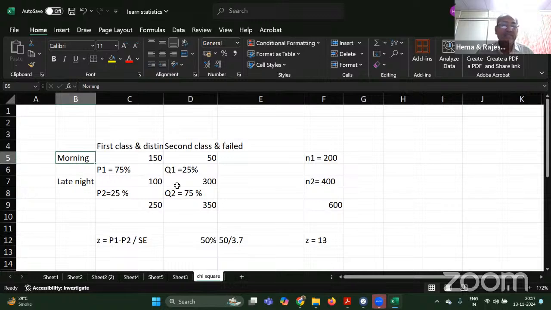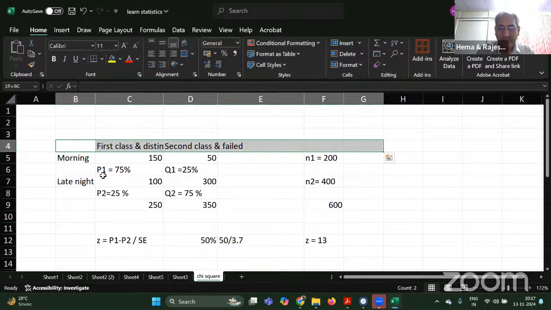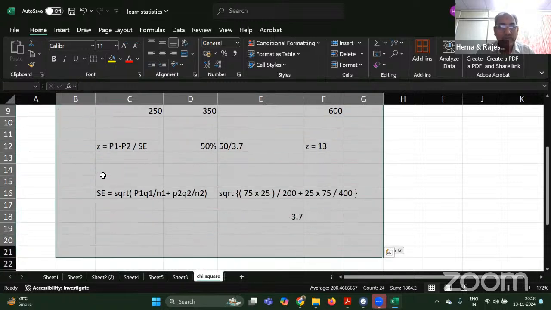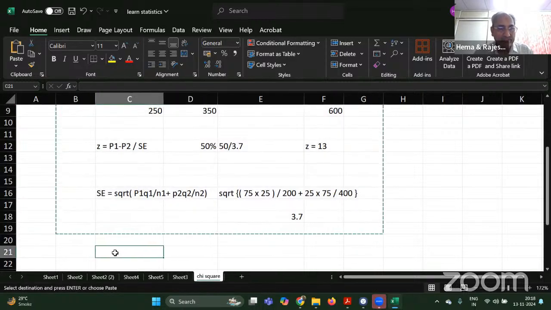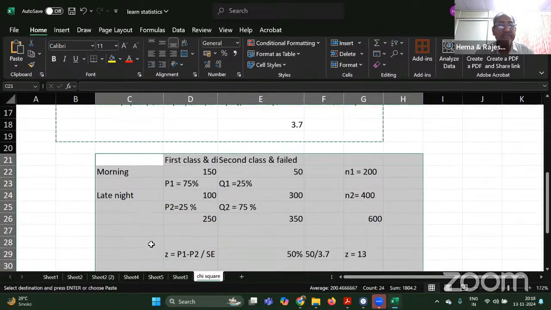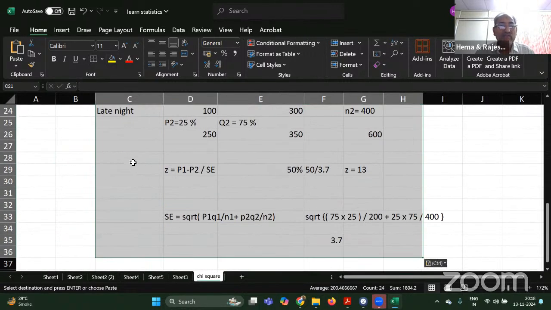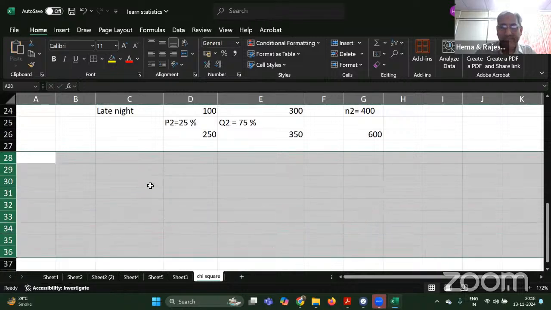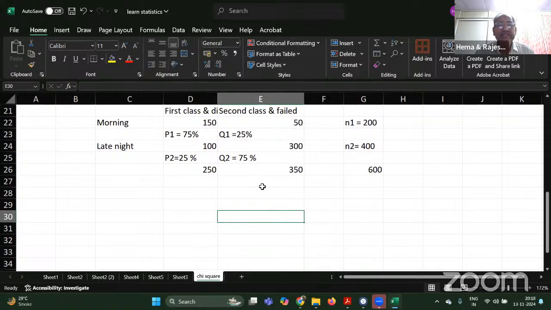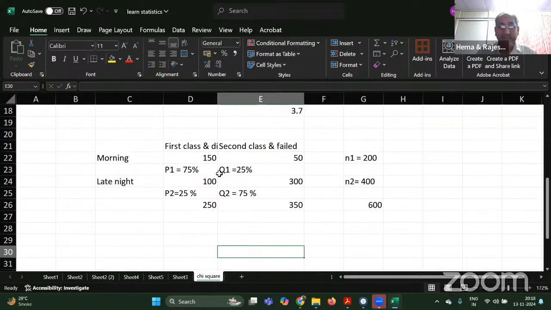Now, the same thing, if you want to use the chi-square test, let's go for that, how we will use it. You can ask questions in between if you have any. Here we'll be doing the calculation for chi-square. In the chi-square test, essentially we are comparing the expected value and the observed value.